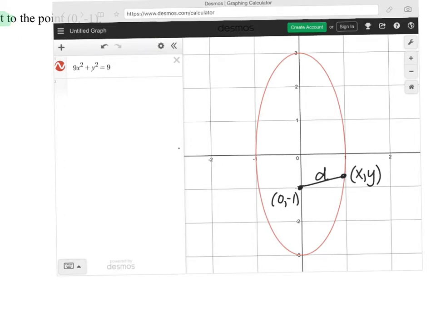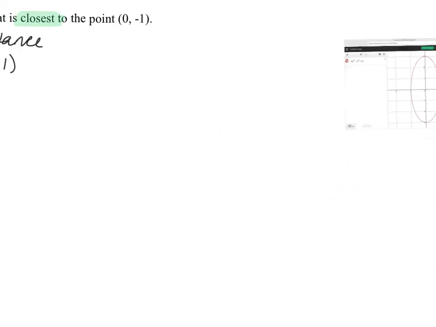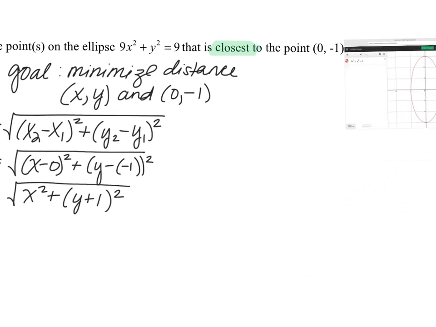This ellipse equation will give us every possible coordinate on the ellipse that creates the actual curve. So the constraint equation, the limitation in this case, is the equation for the ellipse that we were given. So let's go back to our work, and we should be able to write our constraint equation.